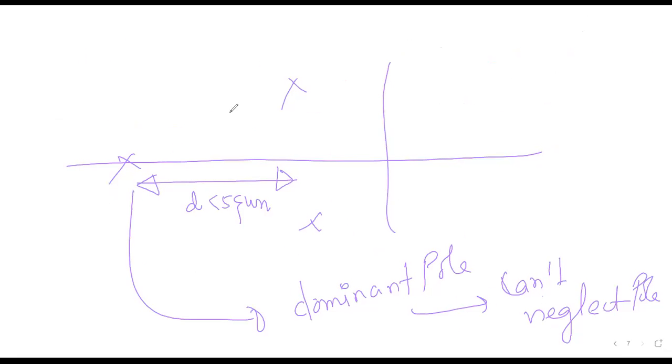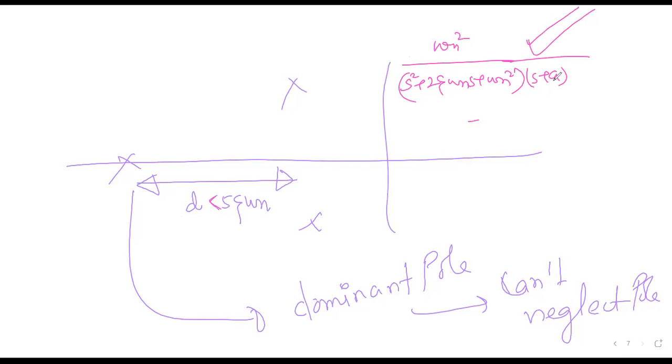But in this case, the distance is less than 5 zeta omega n, so you have to write it like this only. You can't neglect this. You cannot remove this pole, because it's less than 5. Right?